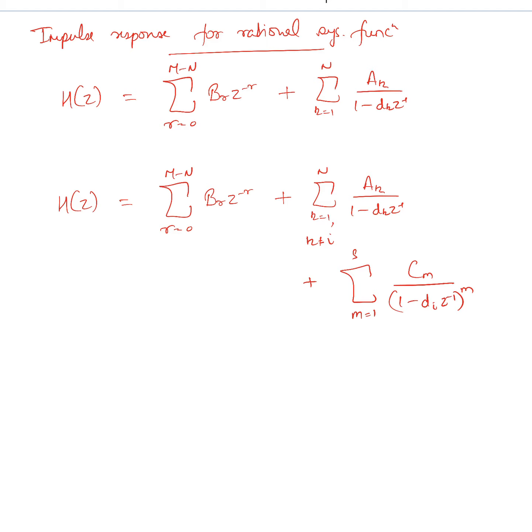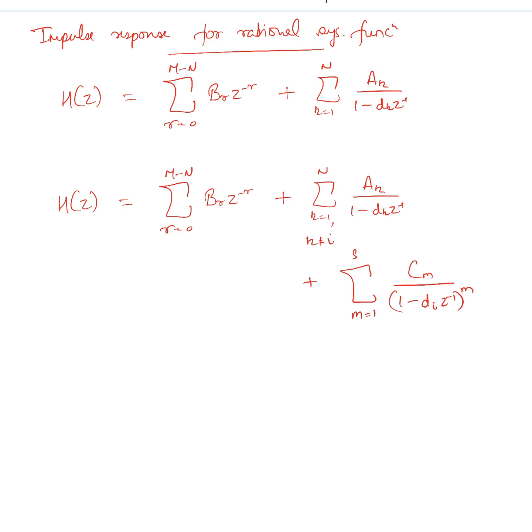So the first expression is for rational functions of z inverse with only first order poles, while the second expression is for when your H(z) has multiple order poles. But most of the time we would be analyzing the first rational function, because whatever analysis we carry out for it would directly be applicable to the second expression.